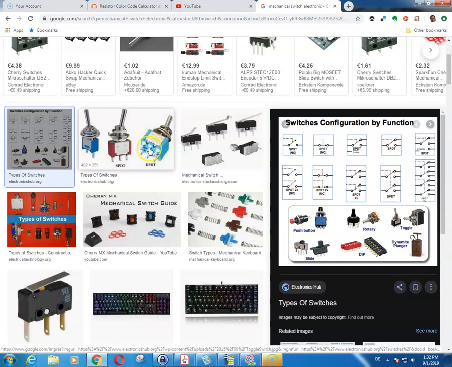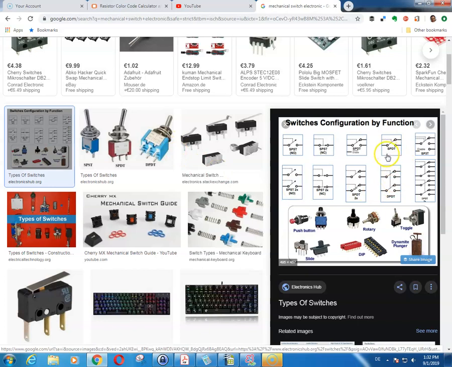You have basically 3 contacts up here, 3 contacts down here, and then as you move this lever to the right or to the left, usually the common one is the one in the middle. So the middle one is either connected to the one to the right or to the left, and the other way around, and vice versa.